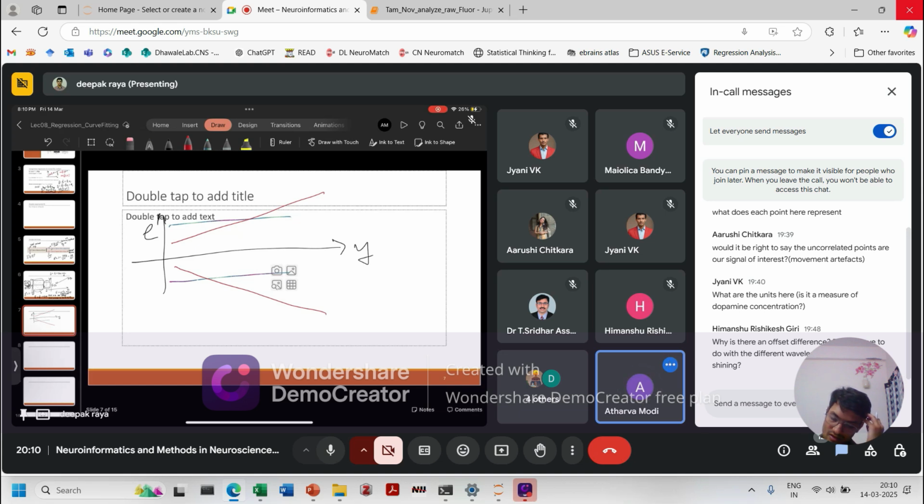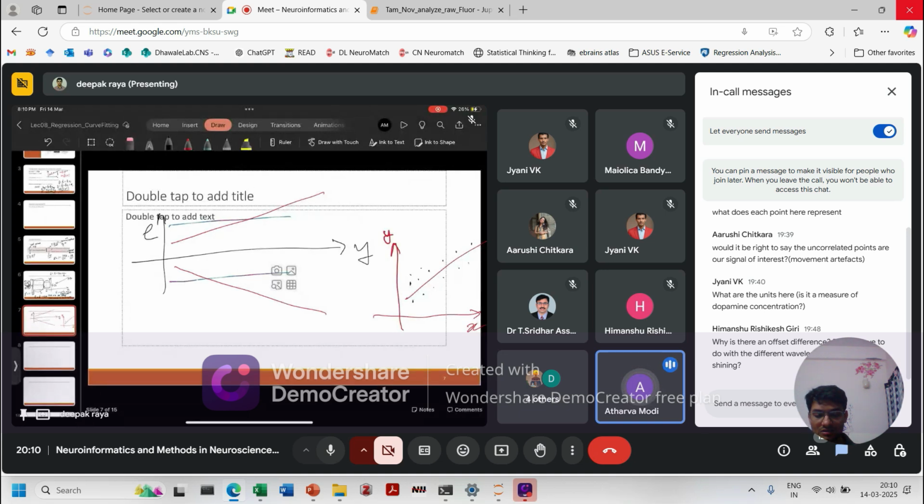One plot I will draw first, and then I will ask you to give inputs next time. So if this is my line, these are my points spread evenly across that line.